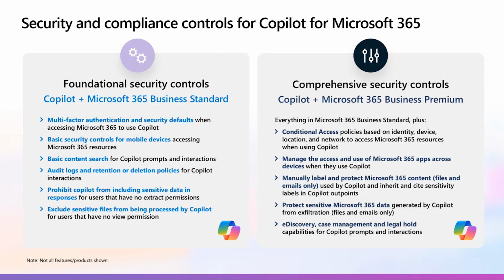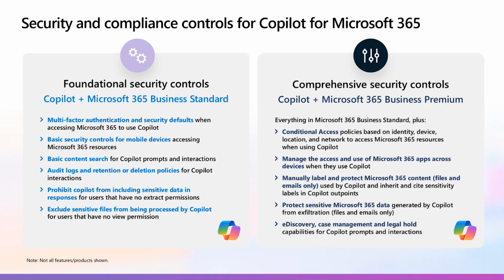In contrast, with Business Premium, you'll be able to set up conditional access policies. You have access to the Microsoft 365 apps across all devices. You also have labeling, and you have e-discovery.